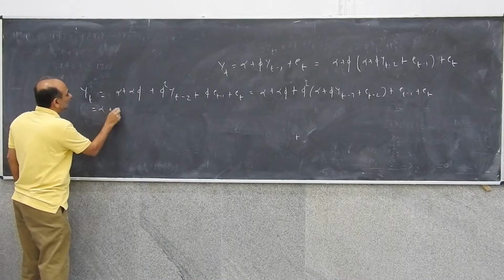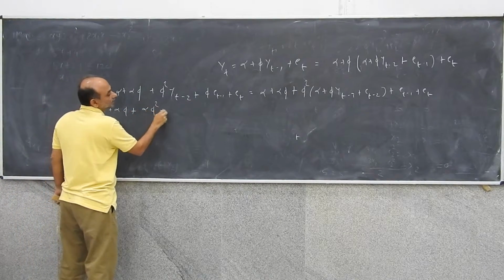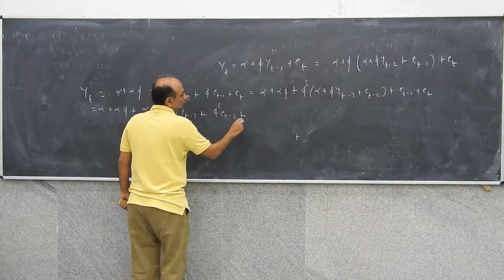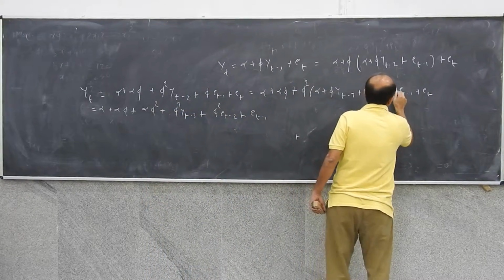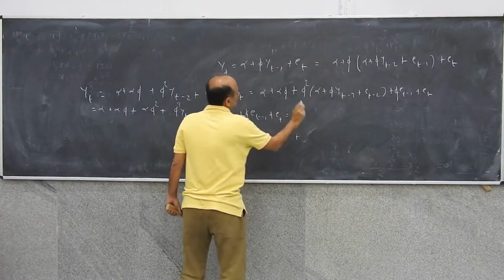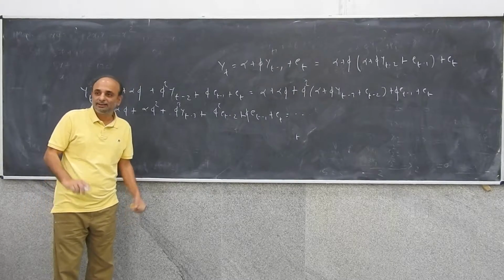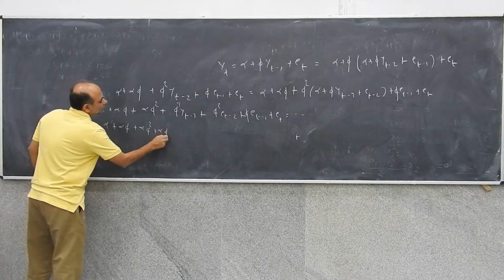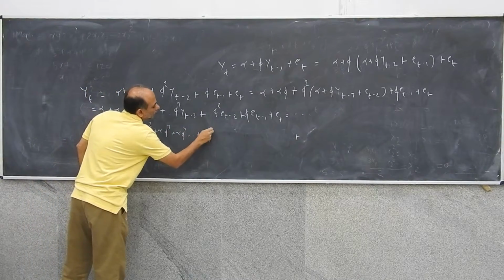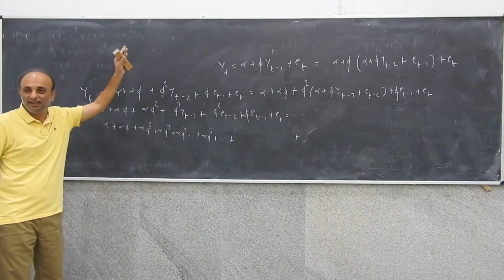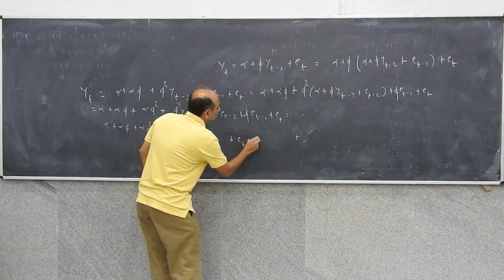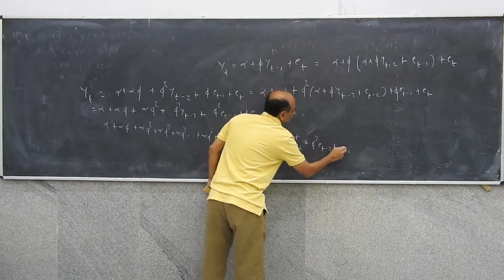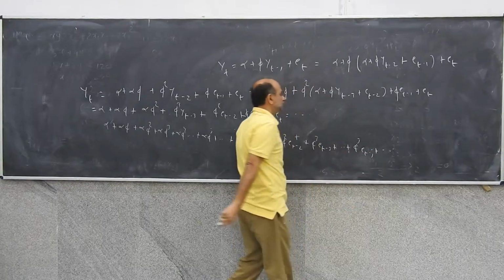So this is equal to alpha plus alpha phi plus alpha phi square, and so on. If I kept on doing this many times, say some j times, then I can write this as alpha plus alpha phi plus alpha phi square plus alpha phi cube up to alpha phi raised to j, plus e_t plus phi e_{t-1} plus phi square e_{t-2} plus, and so on. Sure?